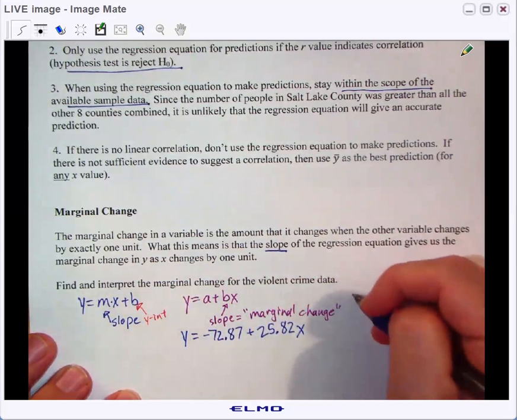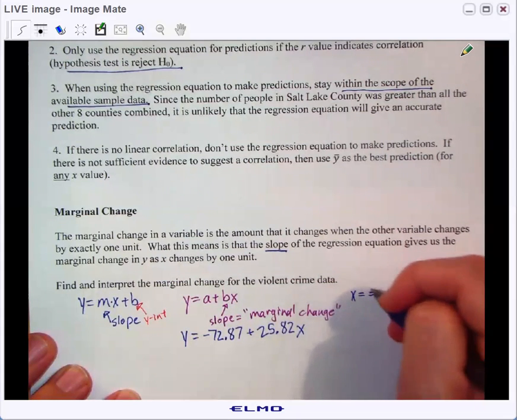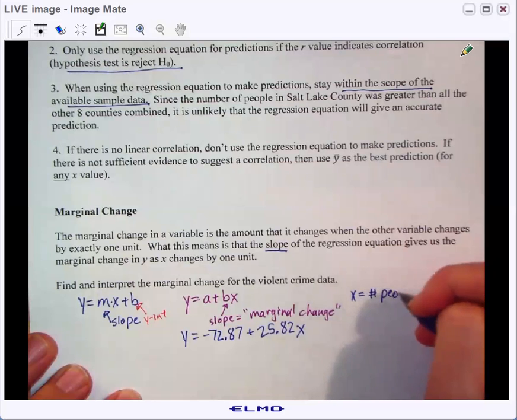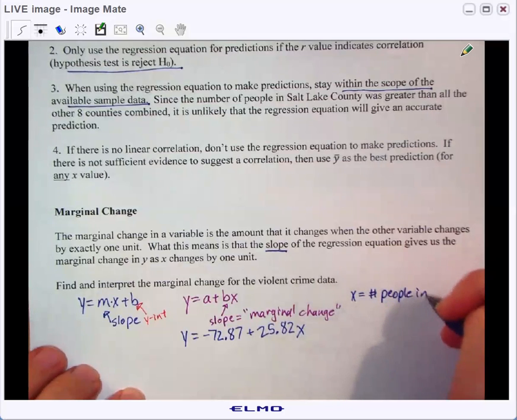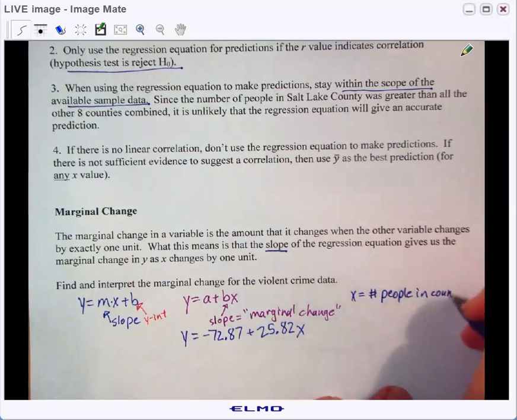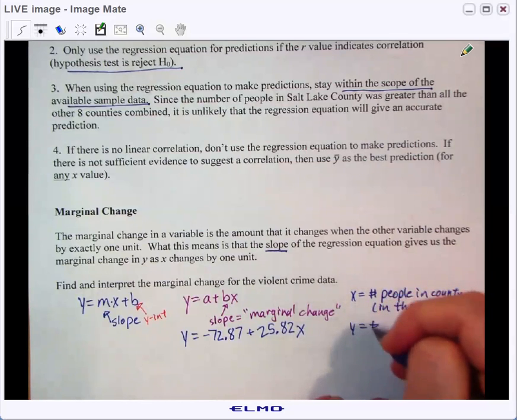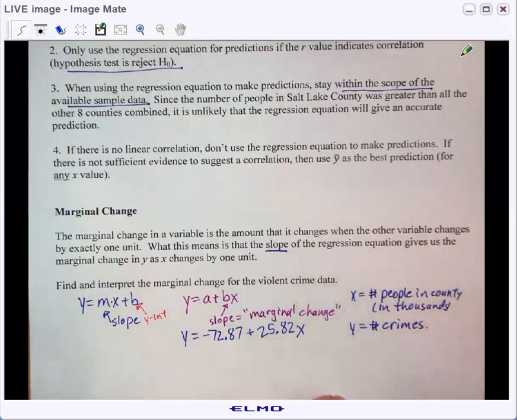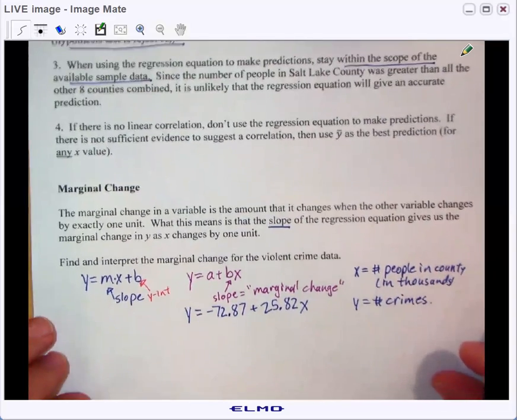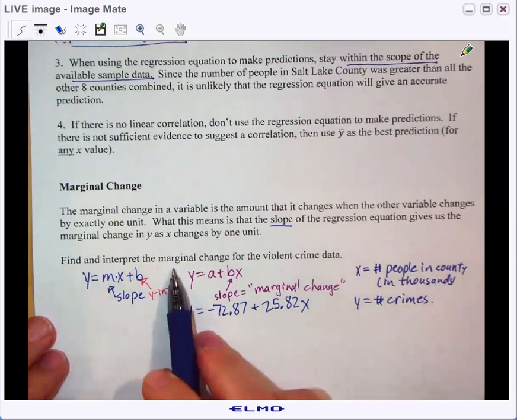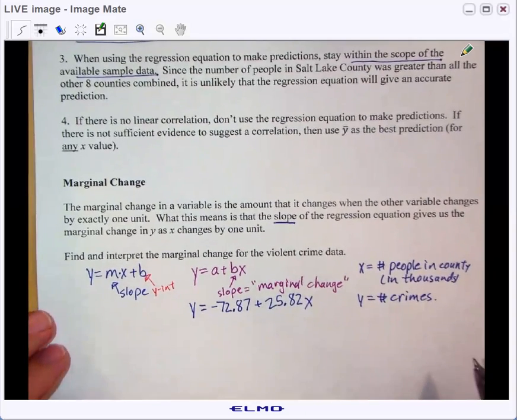And one more time, x was the number of people in the county measured in thousands, and y was the number of crimes committed in that county per year. Okay, so let's find and interpret the marginal change for our crime data.